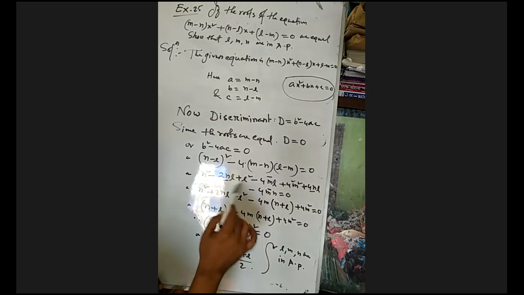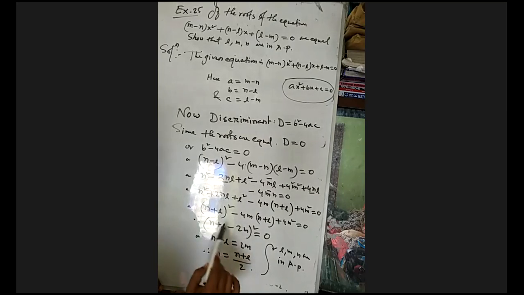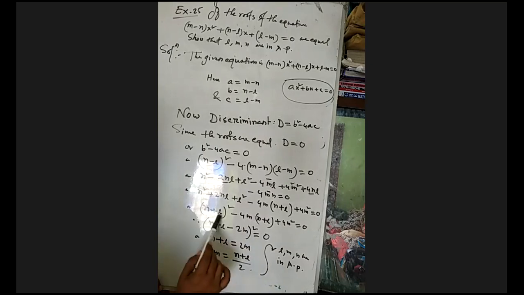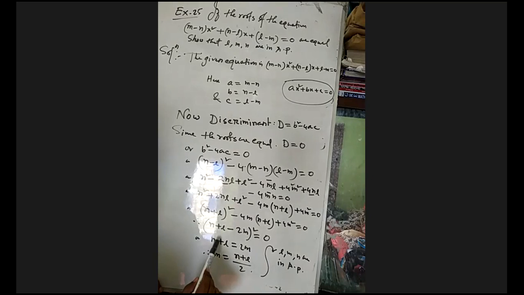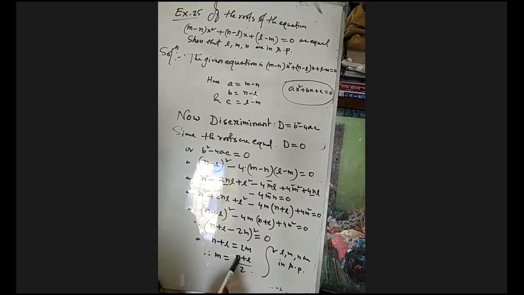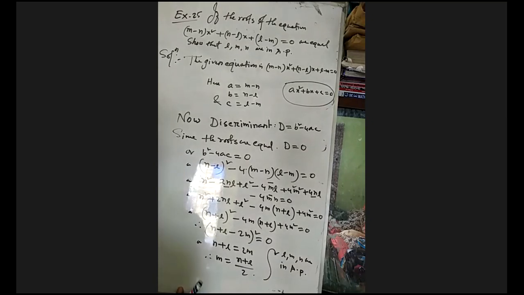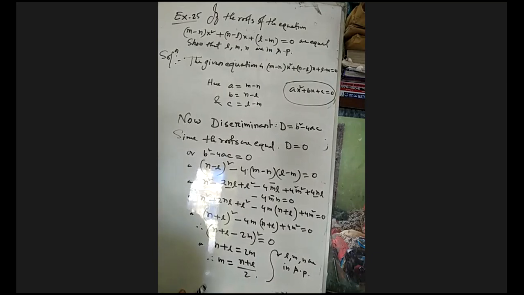Just simplifying, we get (n plus l minus twice m) whole square, that means (a minus b) whole square, where b is twice m and a is n plus l. Then taking the square root on both sides, we get n plus l equals twice m. So m equals first term plus third term divided by 2, that means the second term. So l, m, n are in AP, arithmetic progression.